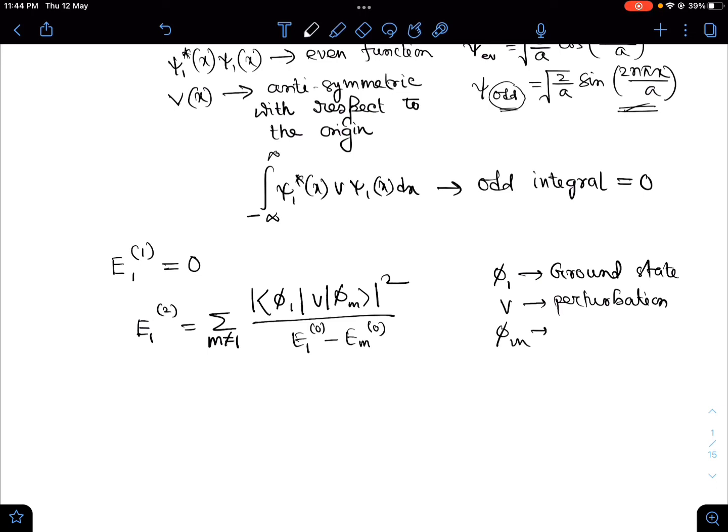This psi m is the excited states, so m cannot be equal to 1.